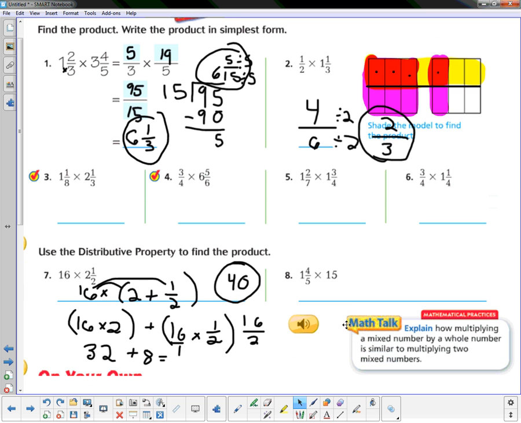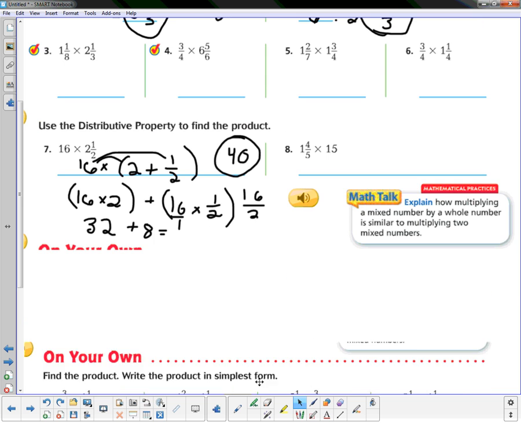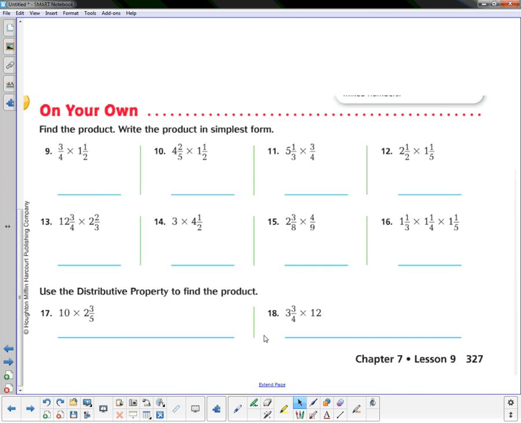Okay. For those of you who want some extra examples, let's go ahead and do it. So remember, first step is I'm going to change these to improper fractions. I'm definitely going to want some extra room here to show my work.